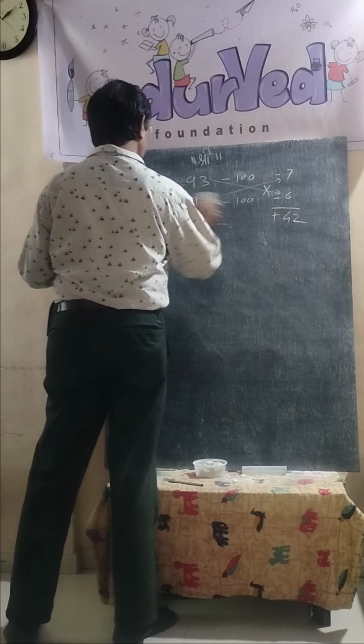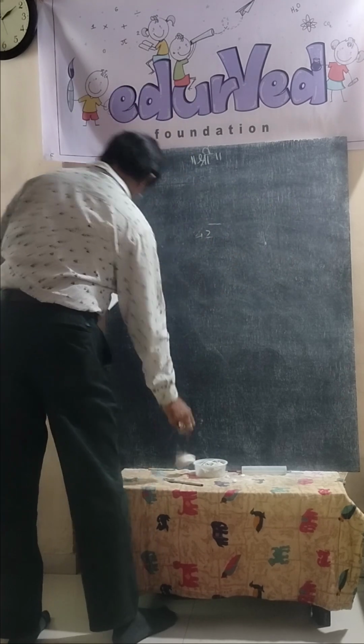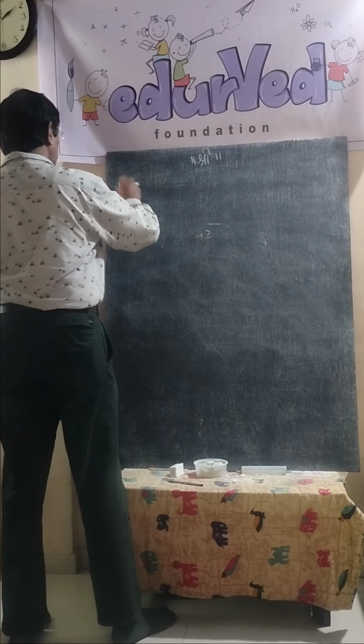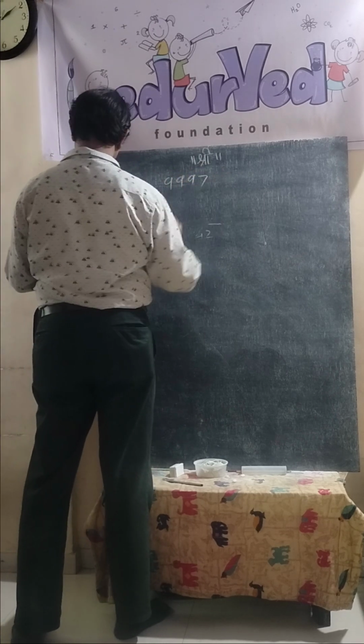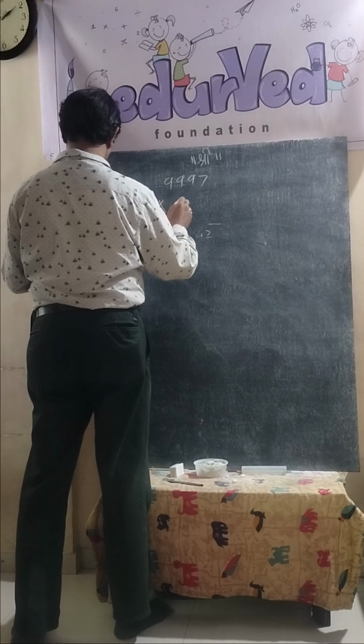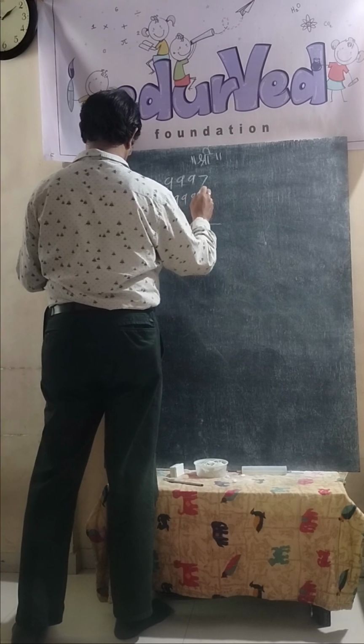Let's see one more sum. Let's see the 14th one. The 14th one was 9997 into 9995.